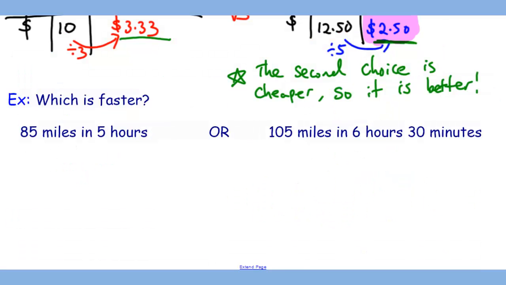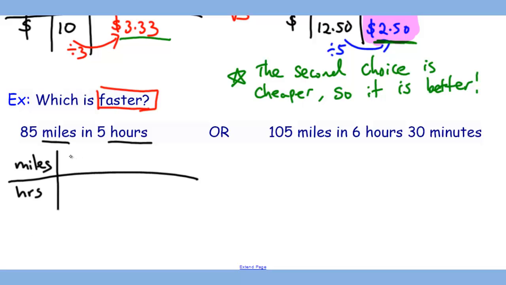In the next example, we are looking for which one is faster. So let's draw the ratio table to organize the information and compare. The two variables in this question again will be miles and hours, and that's what we put into the ratio table. We have 85 miles to 5 hours.